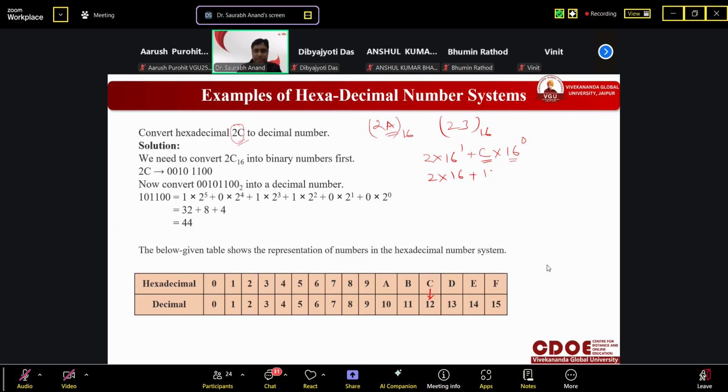So we will write here 12 into 16 is power 0 is 1. Okay. So it is 32, it is 12 into 1 is 12. So it is 44, right? So I hope you all have understood this conversion, hexadecimal to decimal number.